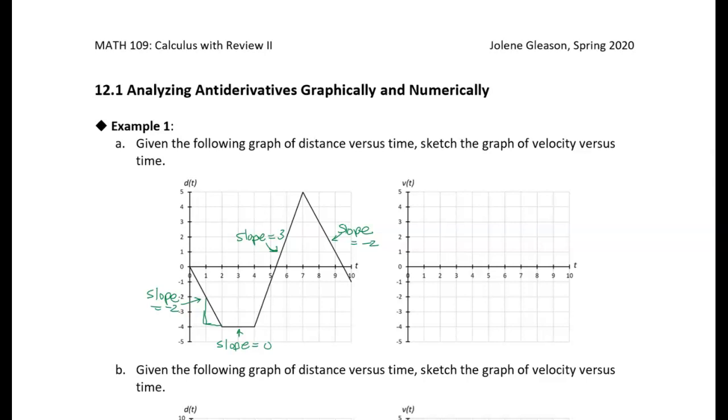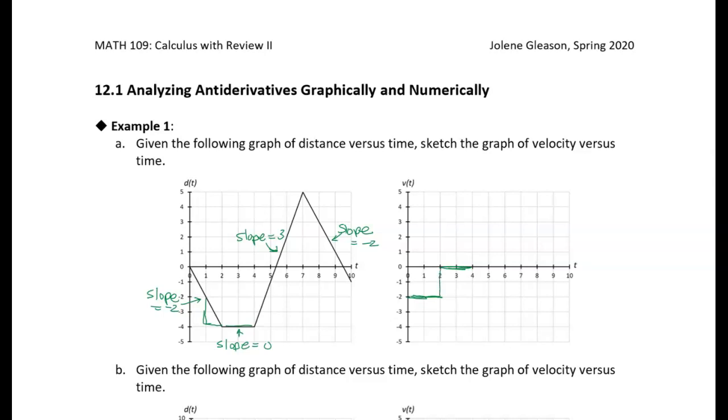So if we graph that distance, or sorry, the velocity, it's just going to be a flat constant -2 between 0 and 2. And then you can see down here, the distance isn't changing at all, which means the velocity is 0. So we're going to jump up here, and between 2 and 4, the graph of the velocity is just 0.